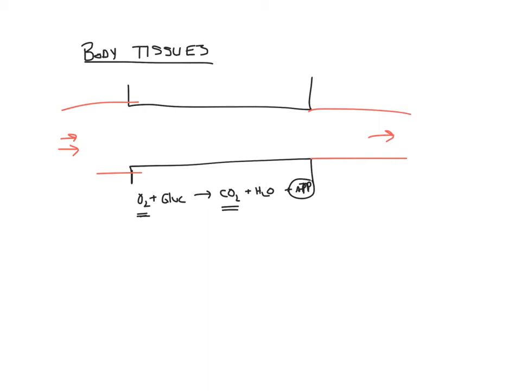So we have the CO2 that's entering here. Okay, and then what we have is what's called oxyhemoglobin coming in. So we have hemoglobin with oxygen attached.